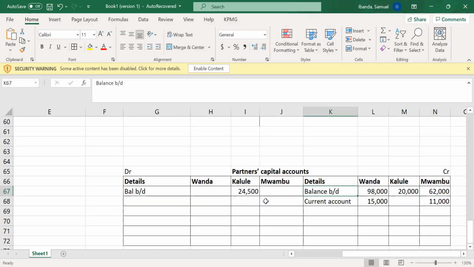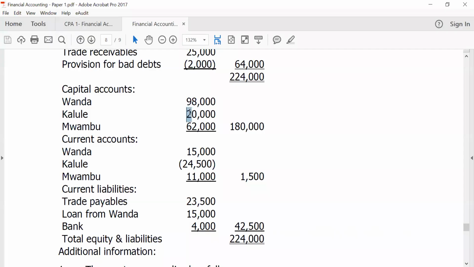Now, like I said, when you have something in credit, either it is a balance, if for example this was in credit, it is to be put on the debit side if it was in a bracket. The same thing happens here.